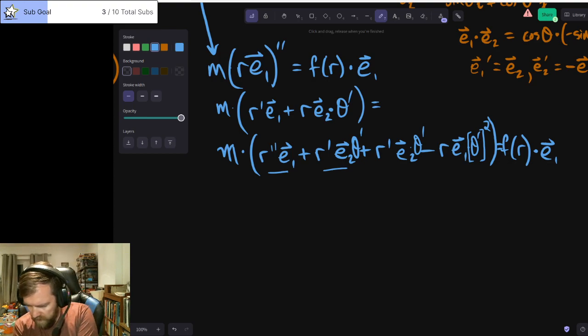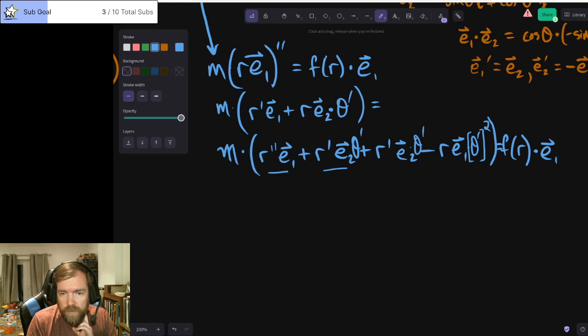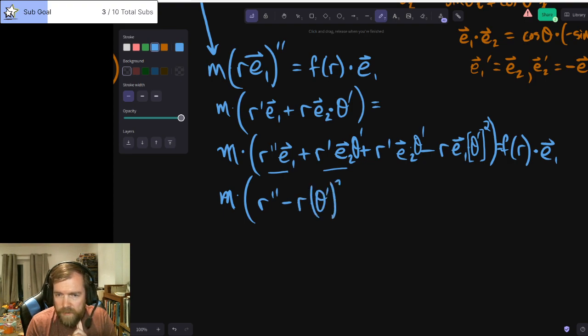Alright, so now if we try to get our e's back to some semblance of sanity, we're going to get m times the quantity. E1s are going to be r double prime minus r times theta prime squared. And that's all E1.